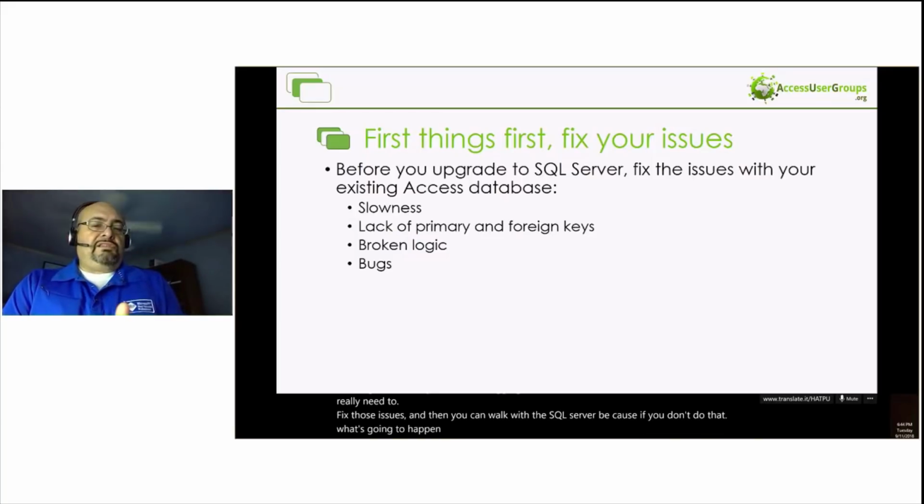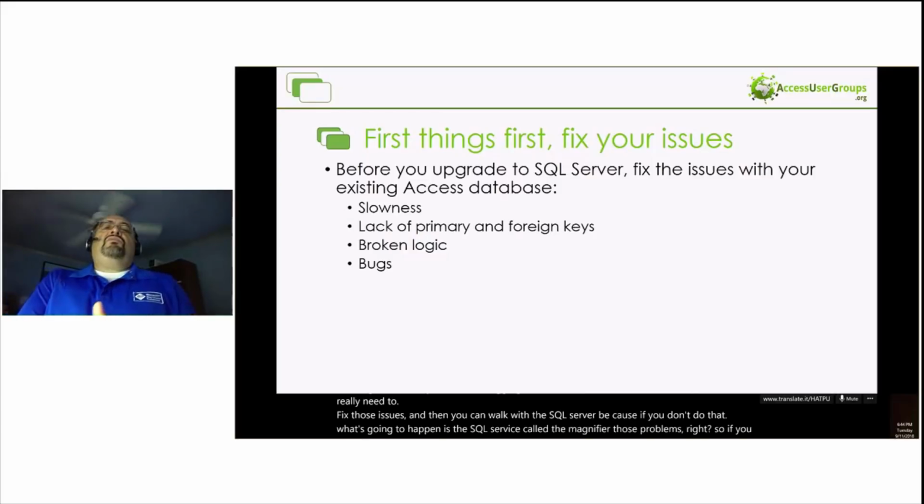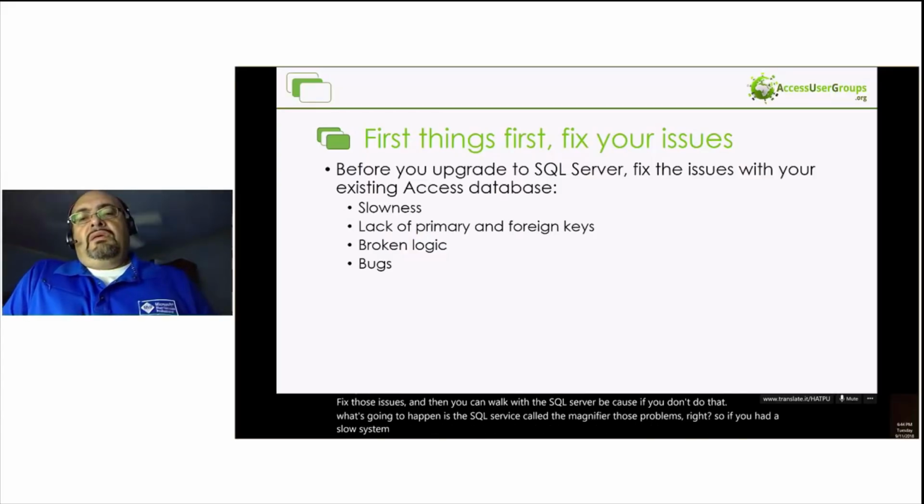So if you had a slow system before, and you're hoping that SQL Server is going to fix that issue, it may even be slower once you upgrade to SQL Server. And I'll talk about that in a second here.